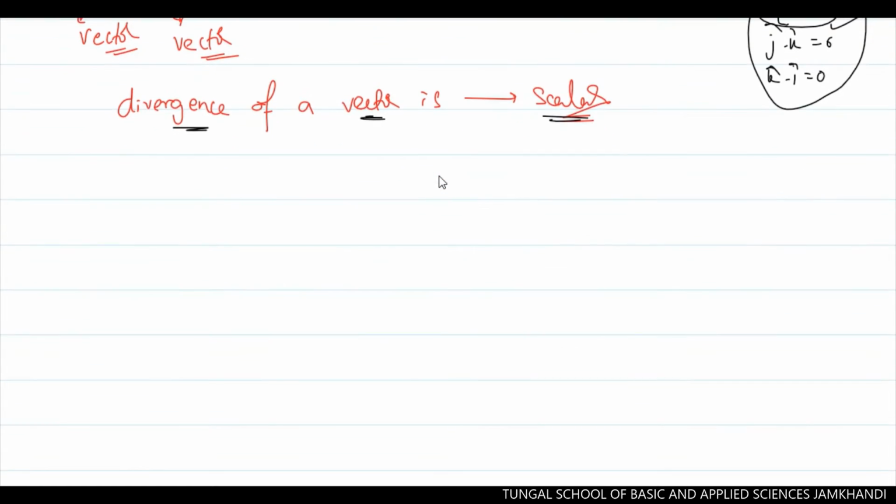Now, what exactly is the physical significance of the divergence of a vector?